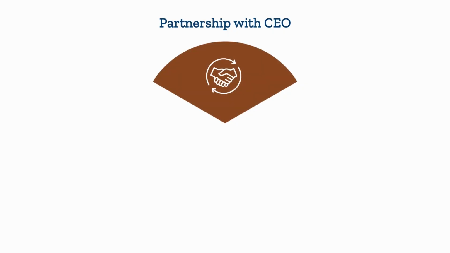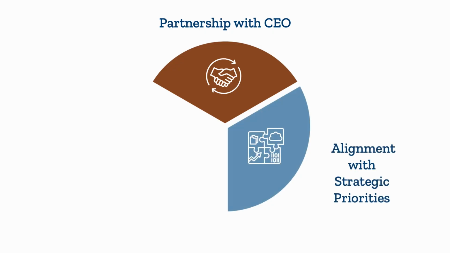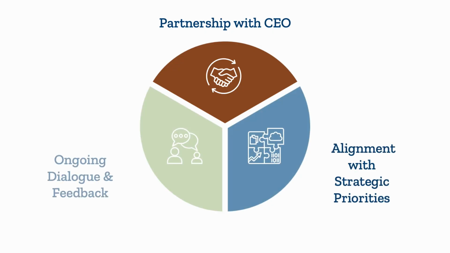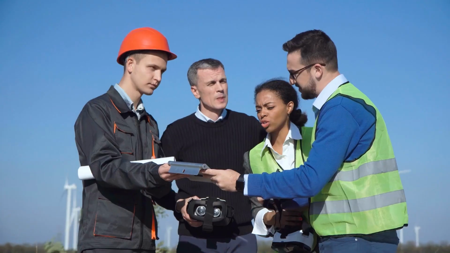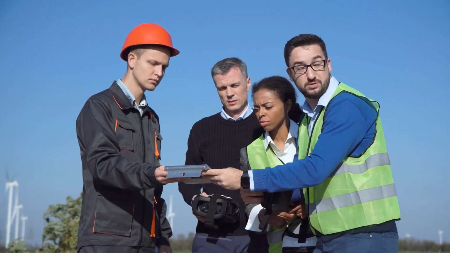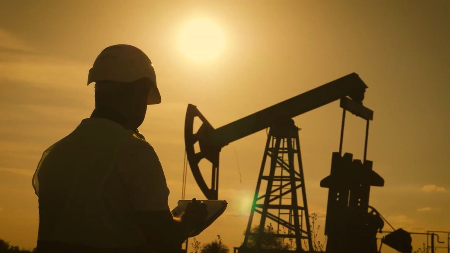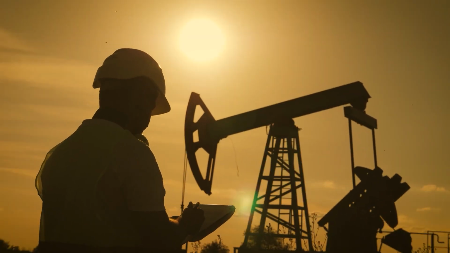Setting objectives is a collaborative process. The role of a trustee is to work in partnership with the CEO to establish objectives that address the college's priorities as laid out in its strategic plan and community needs, ensuring alignment through ongoing dialogue and feedback. Your unique perspective as an engaged and active member of the community your college serves helps to ensure objectives address real needs.